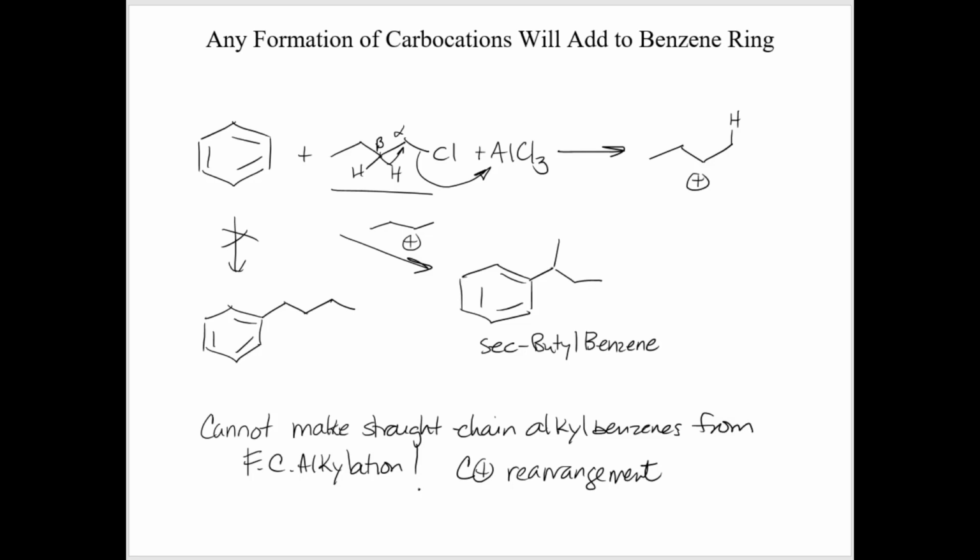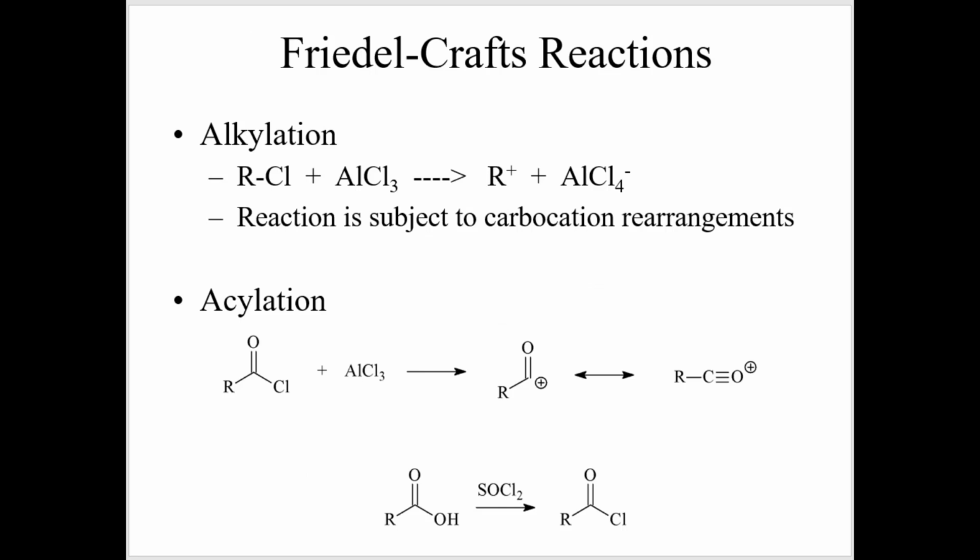So that's one of the limitations in terms of Friedel-Crafts alkylation. So if you want to do a Friedel-Crafts alkylation, just remember that the primary alkyl halides always undergo carbocation rearrangements. And they'll always form a secondary carbocation. Okay, so you just have to be aware of that.